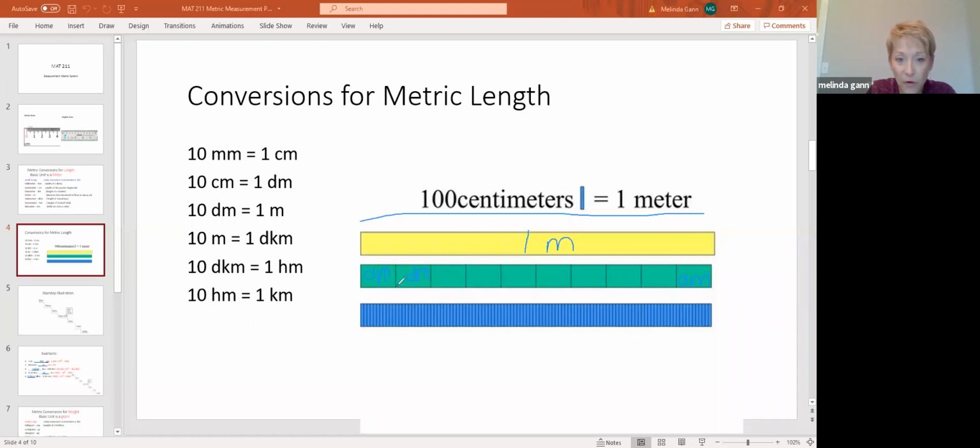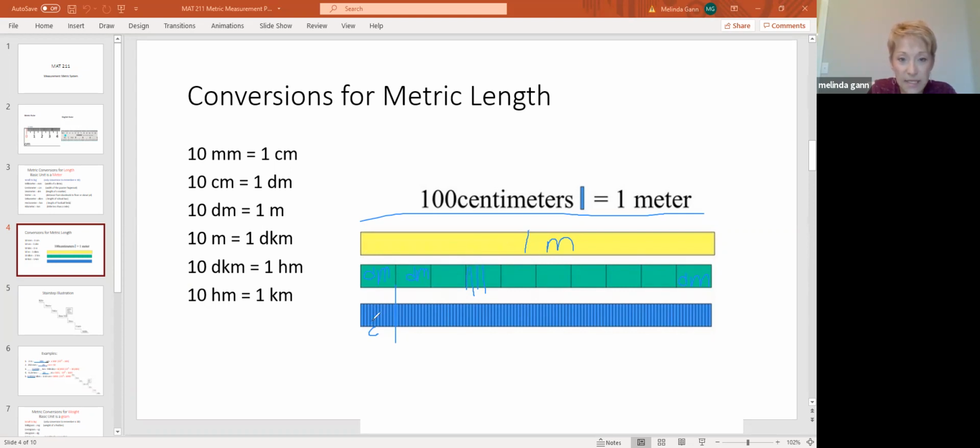Well, a little smaller than a decimeter is a centimeter. So if I took this decimeter and I started cutting it into like 1, 2, can't draw very well, 3, 4. If I cut it into 10 pieces, every one of those would be a centimeter.